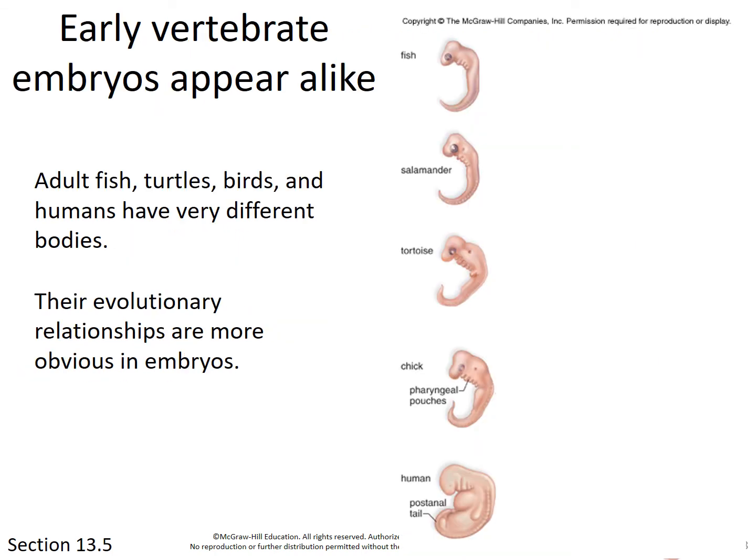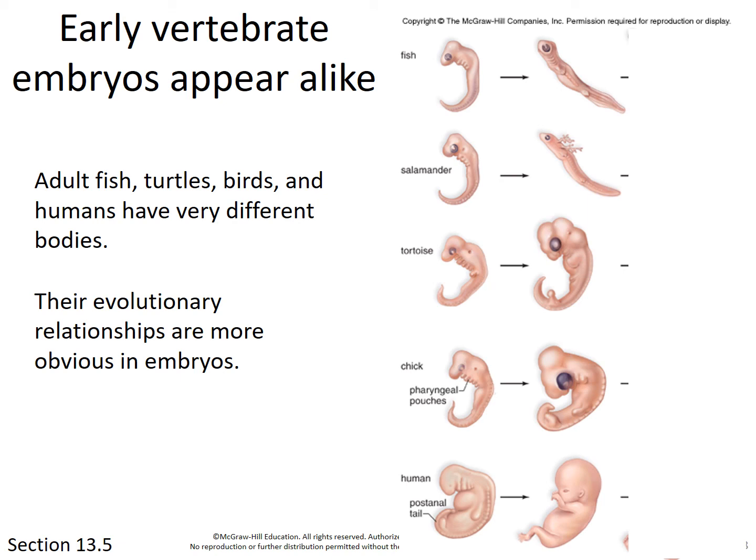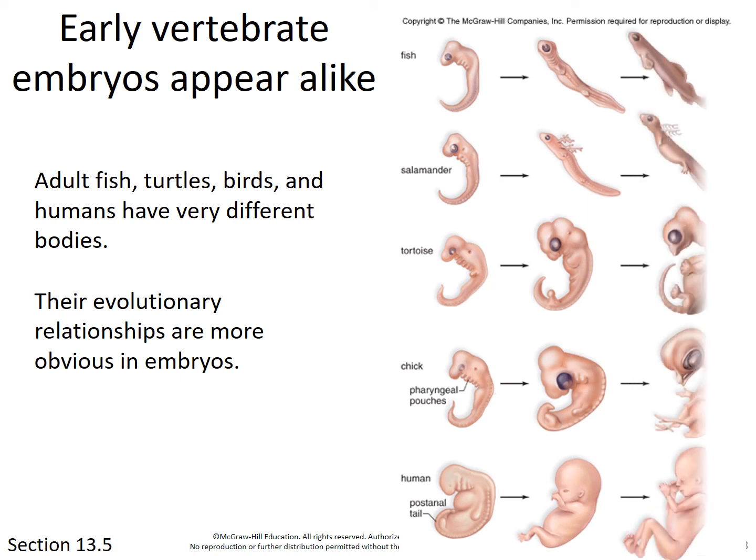So here's another picture of how early vertebrate embryos can look alike. If you look at the fish, the salamander, tortoise, the chick, and the human, you see things that look pretty similar. But as you go further into development, they start looking very different, and by late development they look, of course, very different.